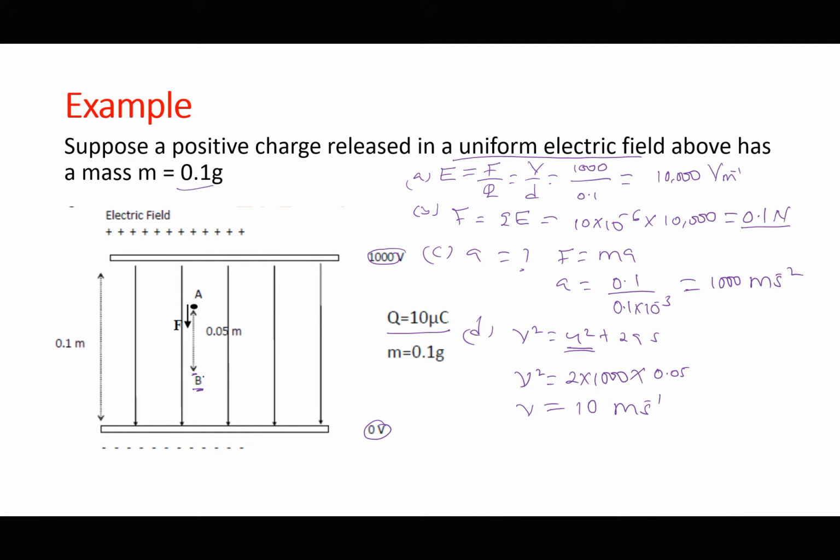I may want to find the work done to move from A to B. Work done, that is part E. Work done is force times distance, but remember force is Q times E, where E is V over D. When you substitute, that is Q times E, then times D. Again, where there is E, I put V over D, again times D. So you realize that work done is simply charge times potential difference, which is going to be 10 times 10 power negative 6, then times the PD, which is 1000.